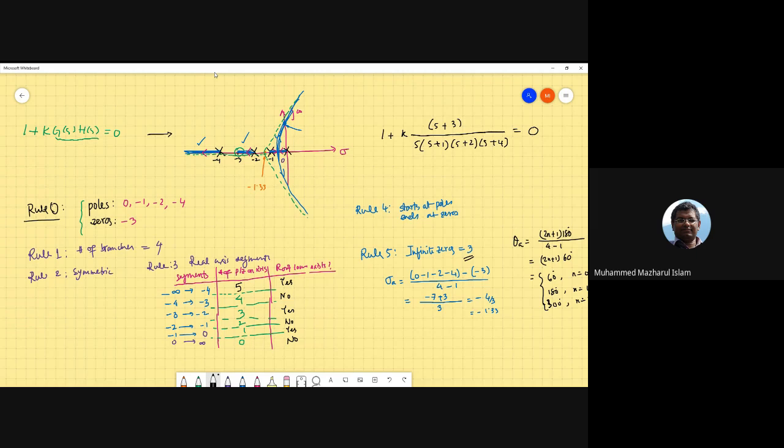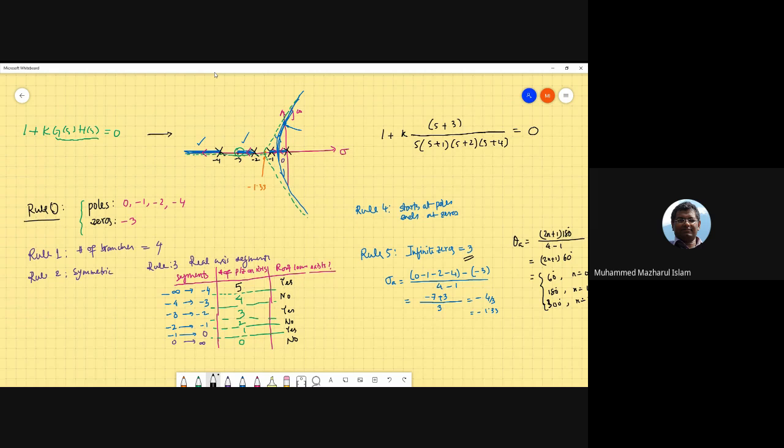So if the number of poles and zeros are not equal, then you need asymptotes to compensate for the lack of, in this case, zeros. We have 4 poles and 1 zero, so we need 3 asymptotes to cover for the 3 absent zeros. So rule number 4 is again a matter of understanding rather than something of calculation.